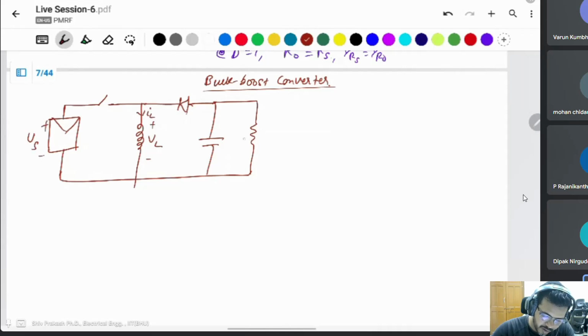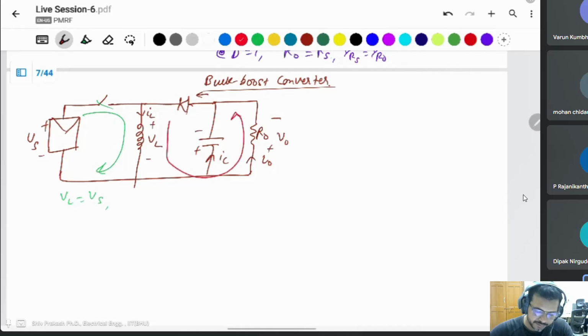Vs, this will be R naught, output voltage V naught. Current is flowing like that in this condition. When the switch is on, current flows like that, VL is equal to Vs. When the switch is off, current flows like that, VL is equal to minus of V naught, because the plus is connected to minus, and minus connected to the plus.